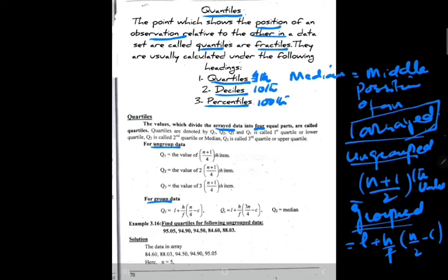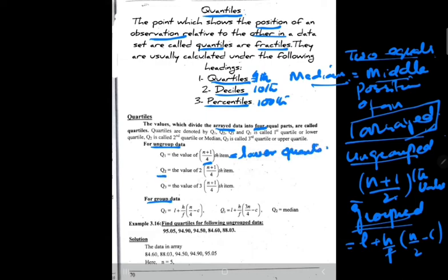In quartiles for ungrouped data, this formula has a slight difference. In median you used n plus 1 divided by 2, because this is the middle position and the data is divided into 2 equal parts. In quartiles, the data is divided into 4 equal parts, so it is divided by 4. Q1 is also called the lower quartile.